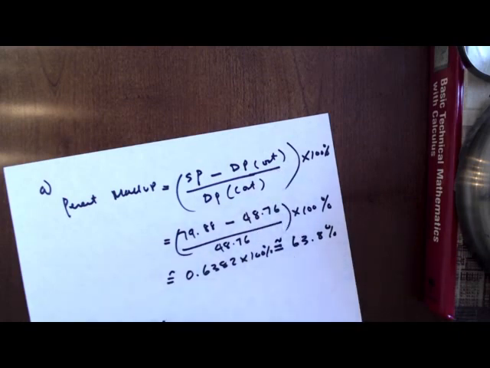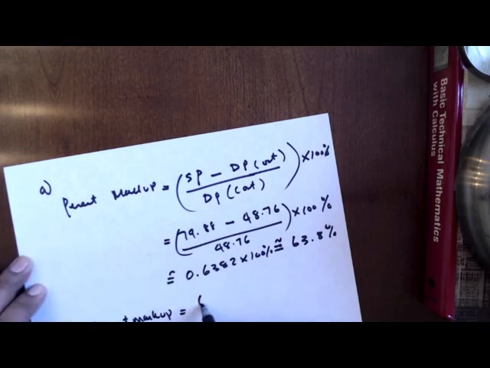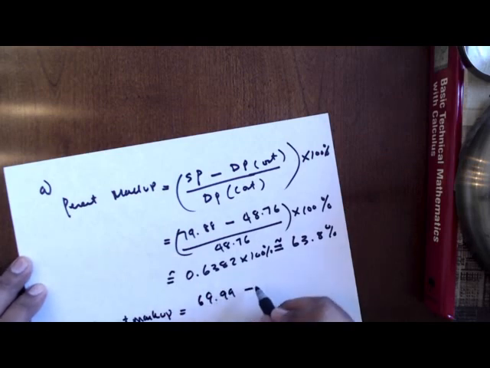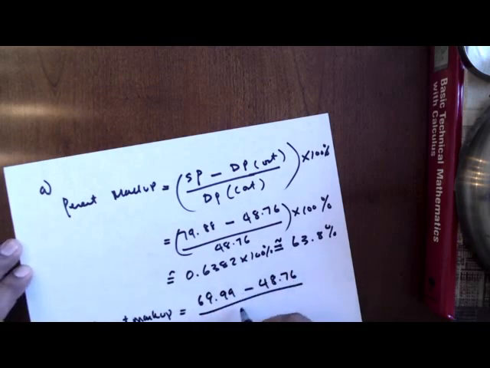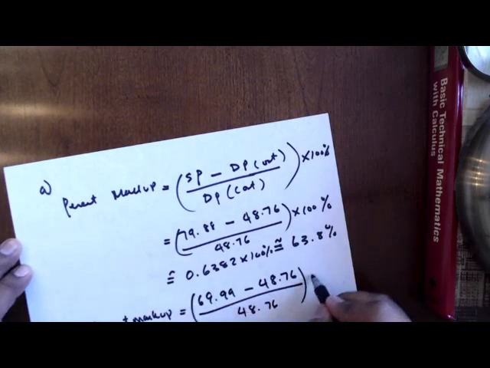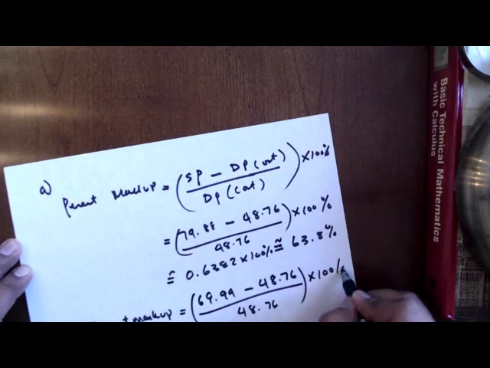So that will be equal to, for part B, the new price, 69.99 minus 48.76, divided by 48.76, and again all this multiplied by 100%.